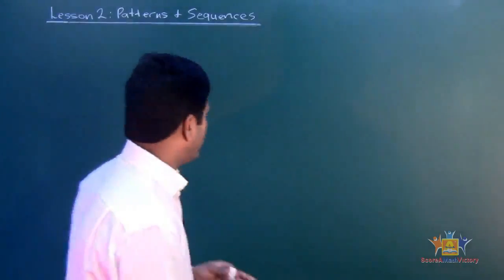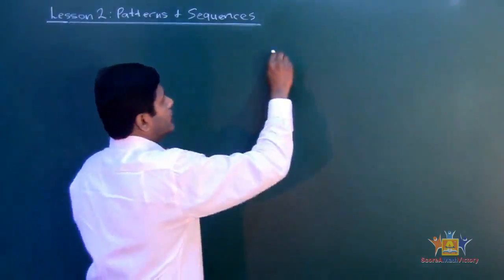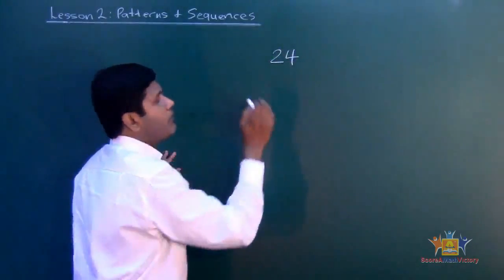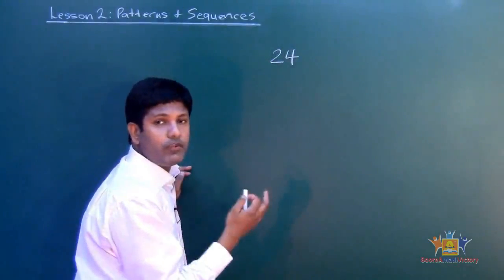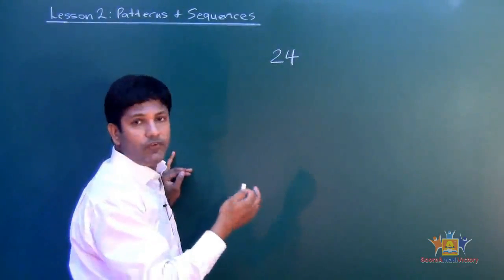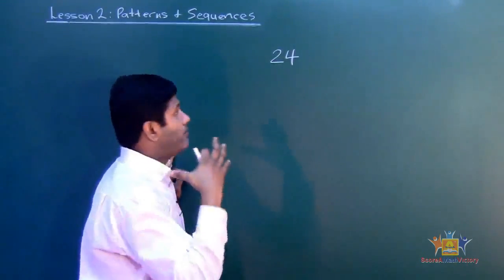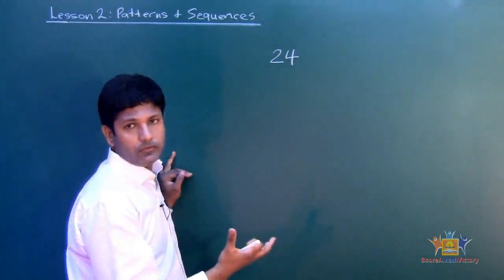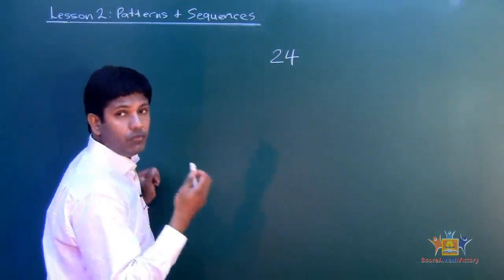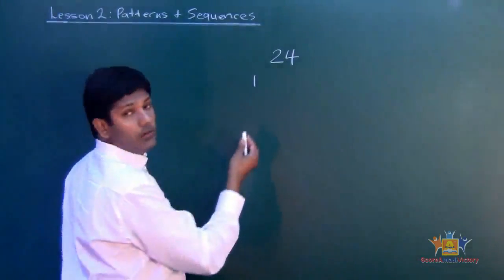Okay, let's take one number for example. Let's take 24, and I want to find the factors of 24. A factor is a number that I can take out and when I multiply back should give me 24. Alright, let's start with 1. So 1 would be a factor.